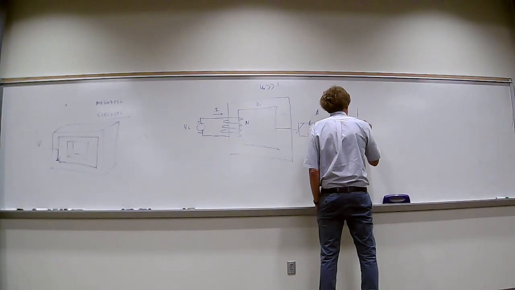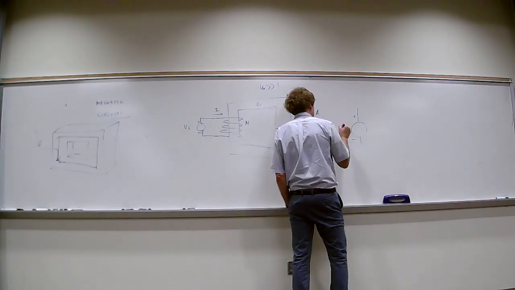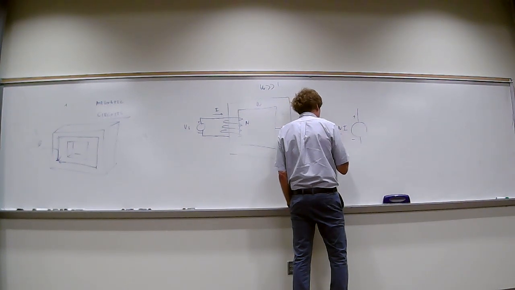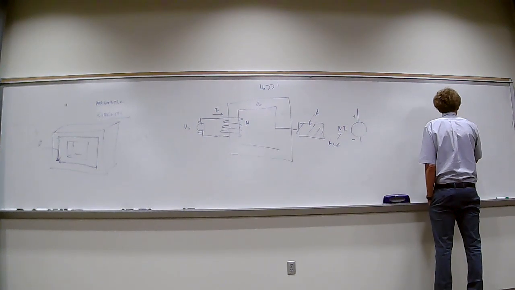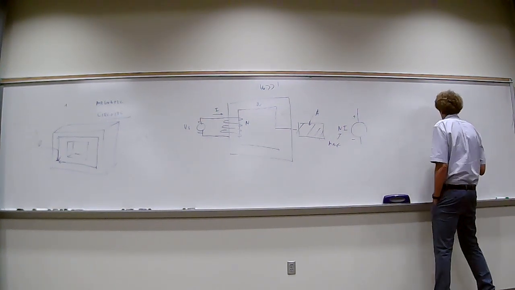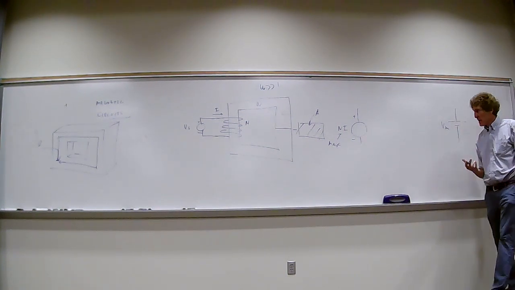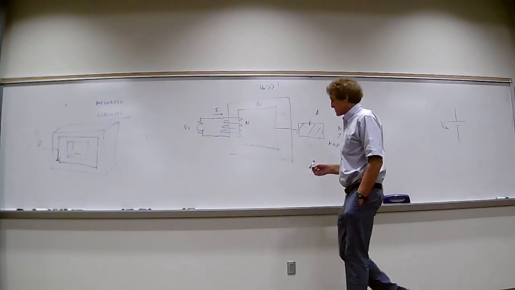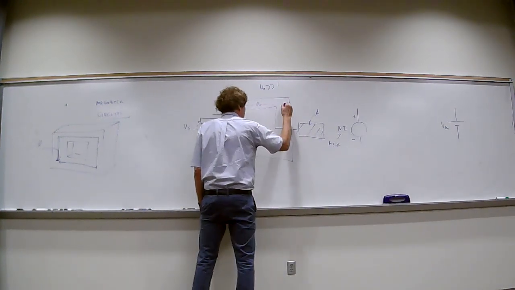You just put an equivalent voltage source here that has a strength Ni. This is called the MMF, magnetomotive force. And over here is our electrical analog, which is just like a voltage. You're familiar with voltage.